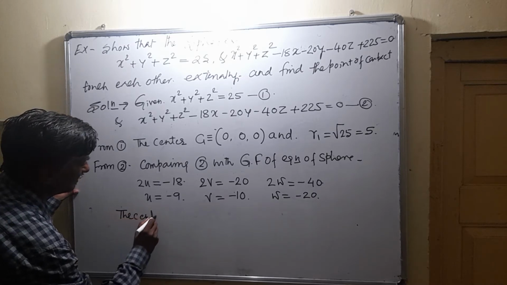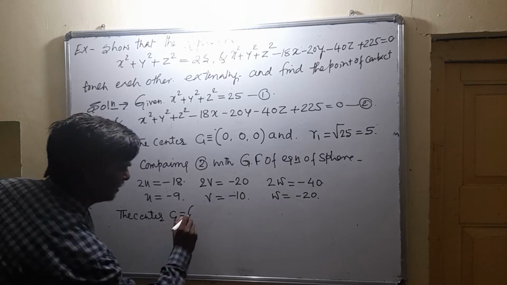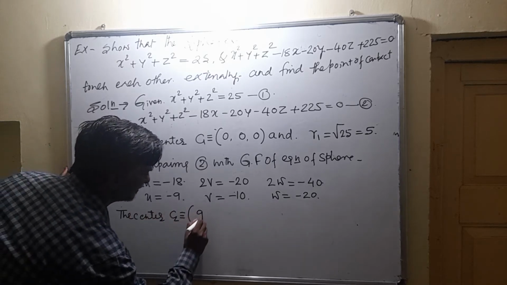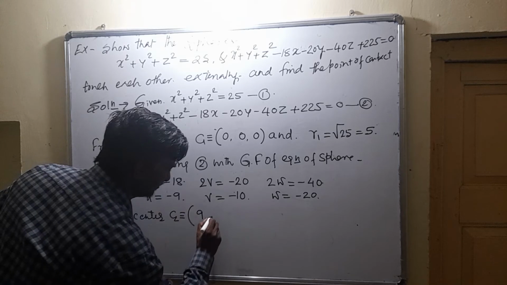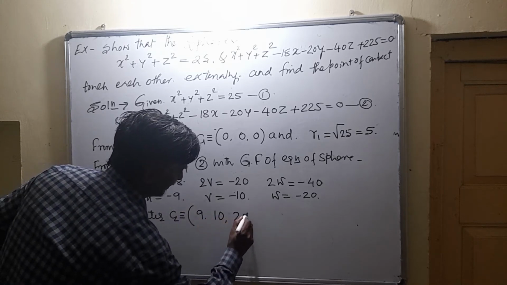The center C2 equal to what? Minus u means 9, minus v becomes 12, minus w becomes 20. Clear?